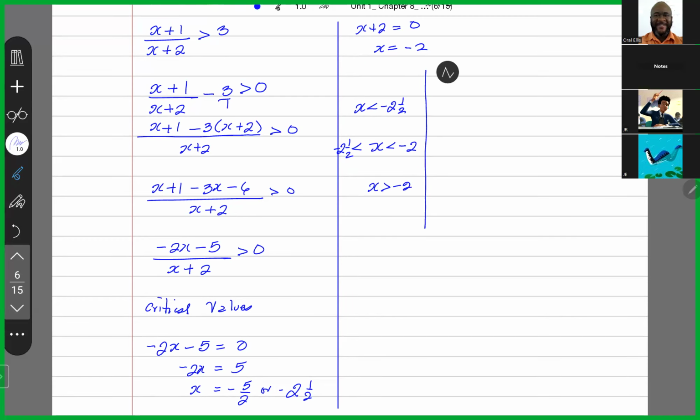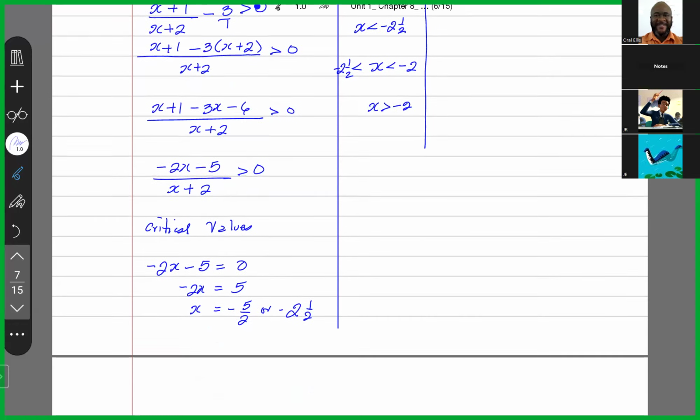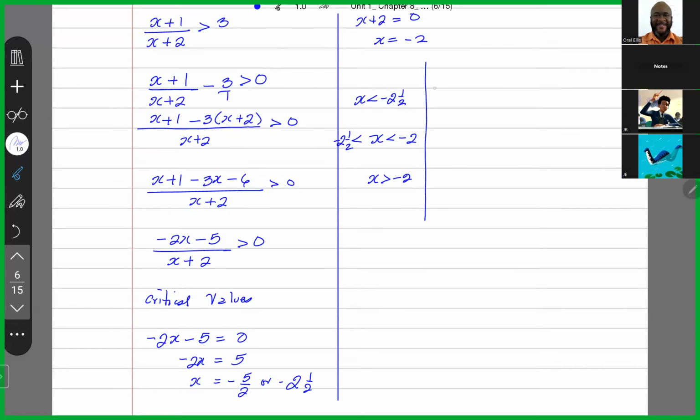Next, we have minus 2x minus 5, which is the numerator.